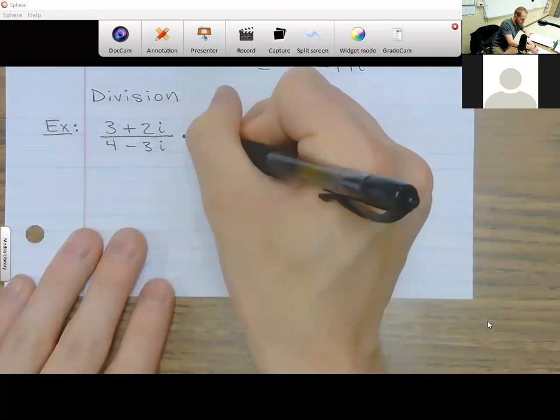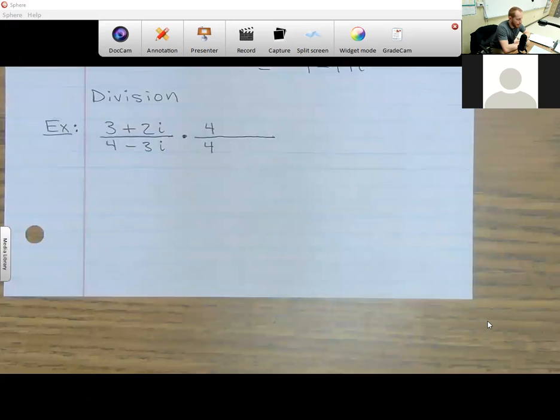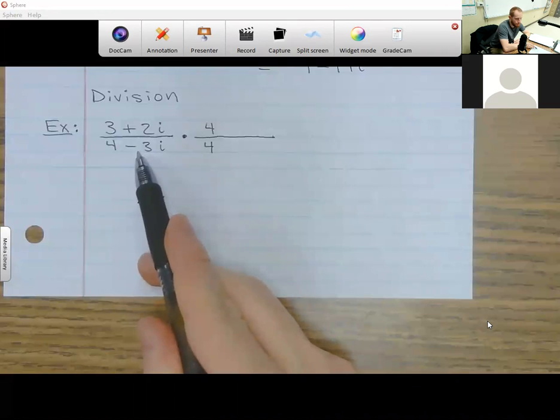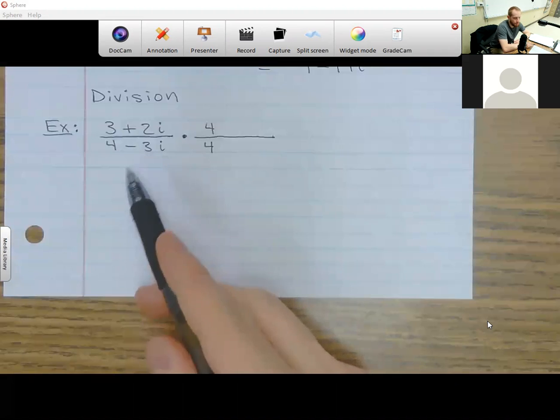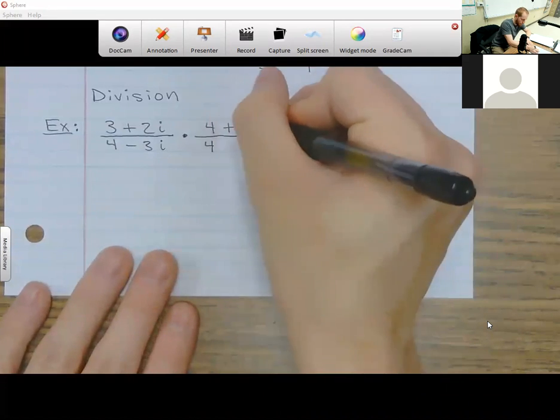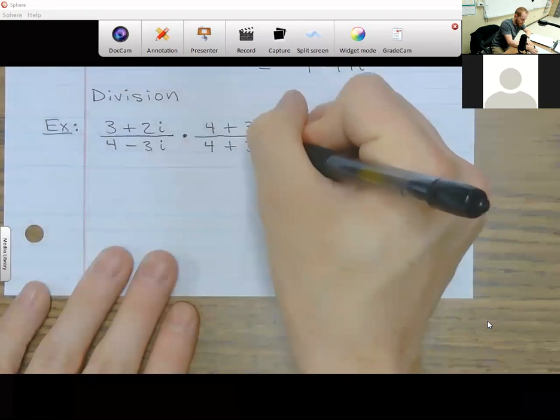So I'm going to have a 4 on top and a 4 on the bottom. But for a conjugate, I have to flip the imaginary sign. Since the imaginary sign is negative, I have a -3. We're going to change that to a +3. So it's going to become a +3i and a +3i.